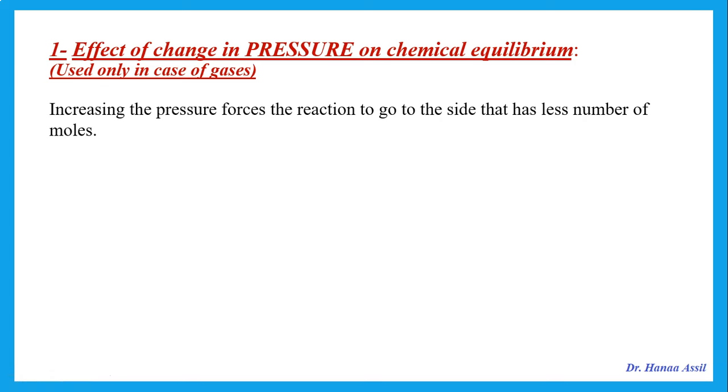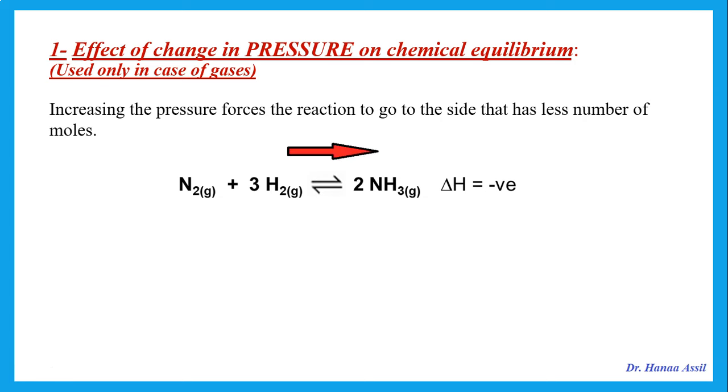So let's say we have a reaction at equilibrium and we want to change the pressure. You have to remember that in any reversible reaction, increasing the pressure forces the reaction to go to the side that has fewer moles. So in this case, if I increase the pressure, it will go forward to form 2 moles of ammonia, instead of going back, which would form 4 moles.